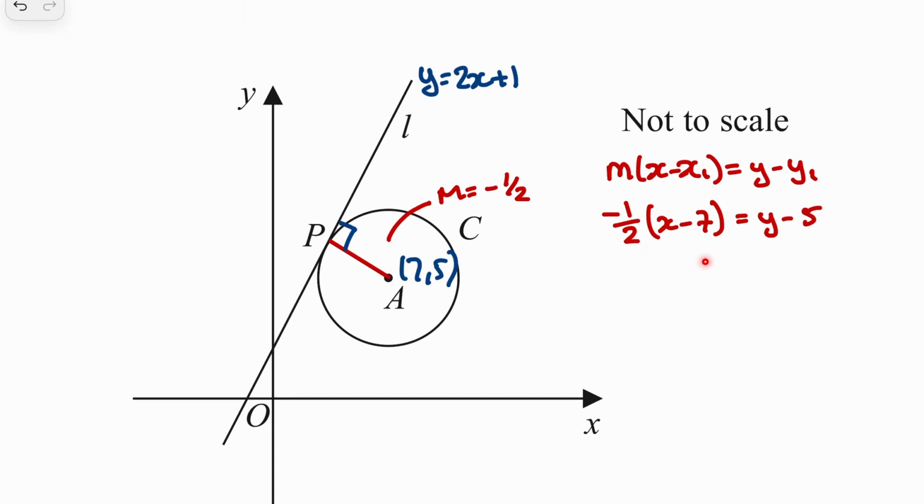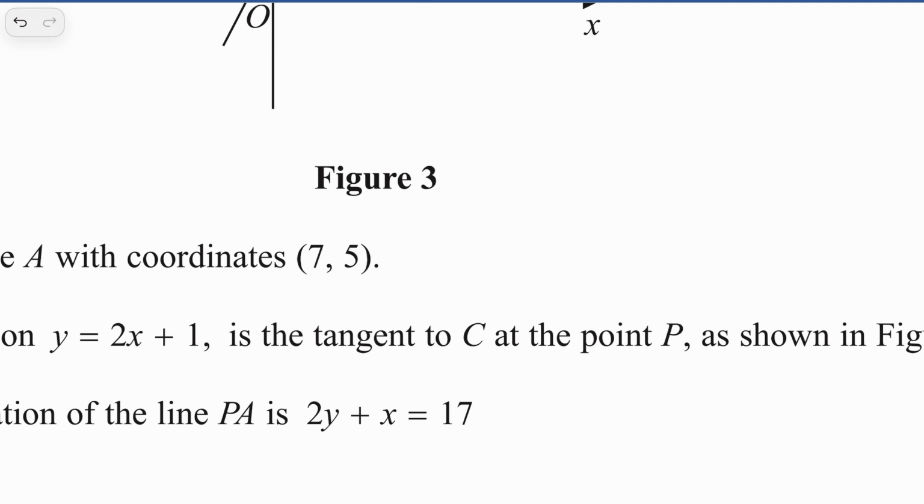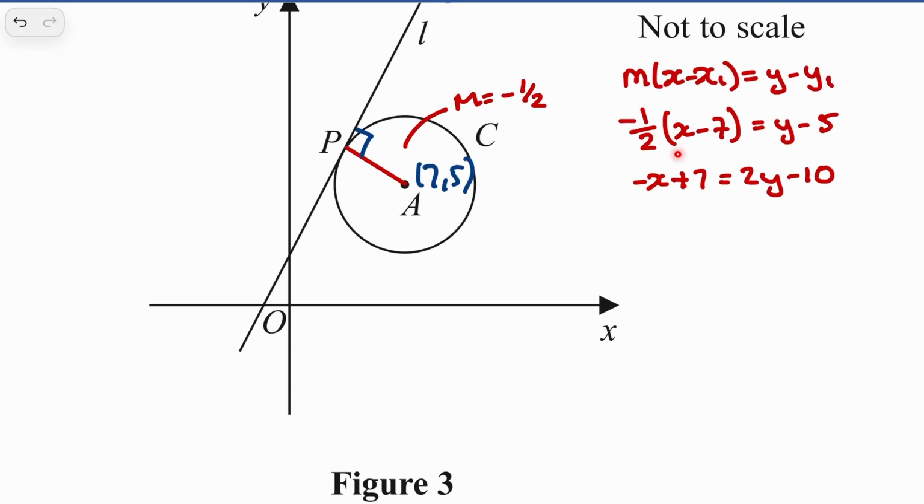We can move the 2 over to this side, and we'll multiply out the negative. And then because in the question we want 2y + x, I'll move this negative x to the other side, and the negative 10 to the left-hand side. So we've shown that the red line has the equation 17 = 2y + x.